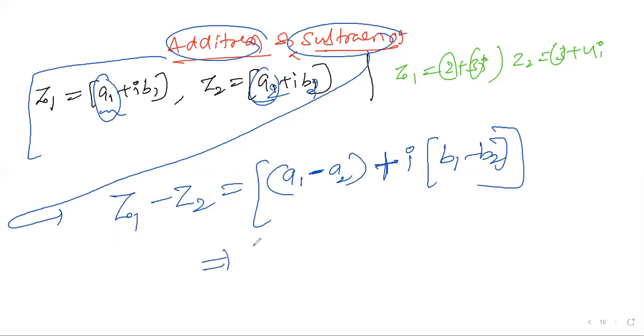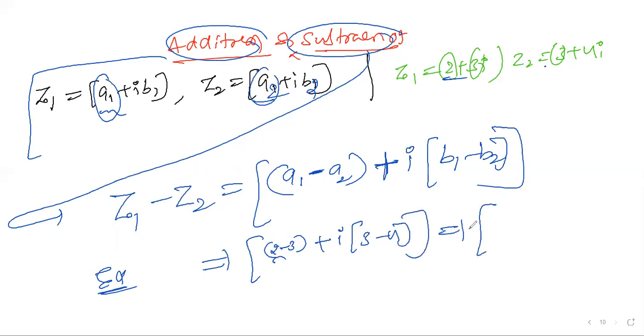If you take the example mentioned at the top, 2 minus 3, what is the answer? Minus 1, plus i into 3 minus 4, which is minus 1.